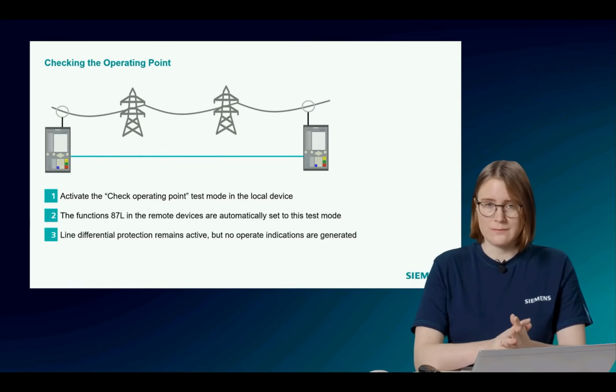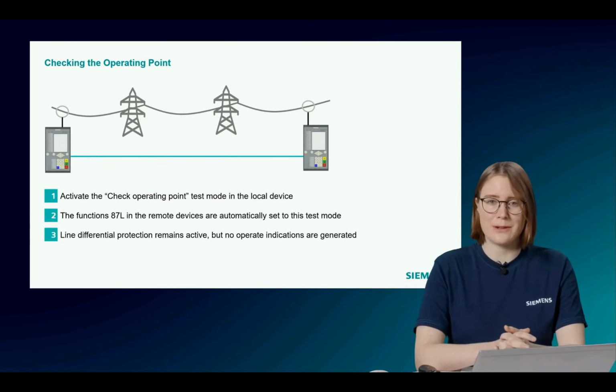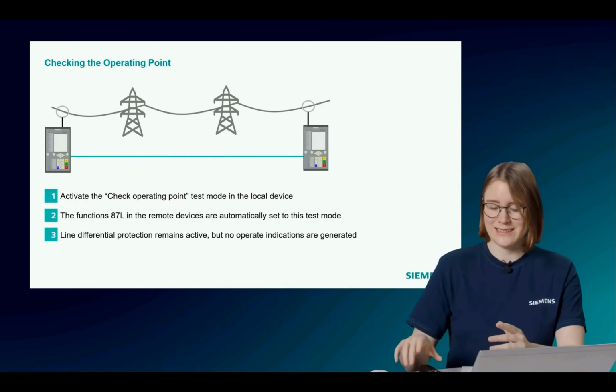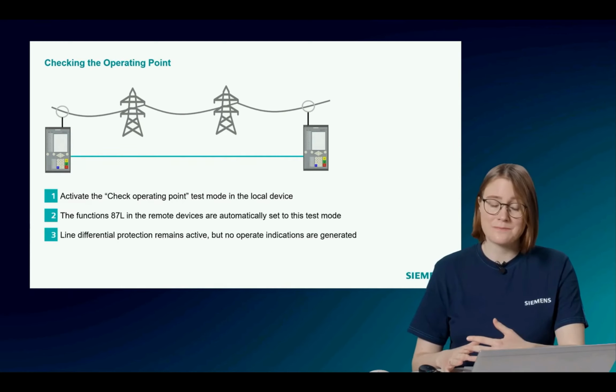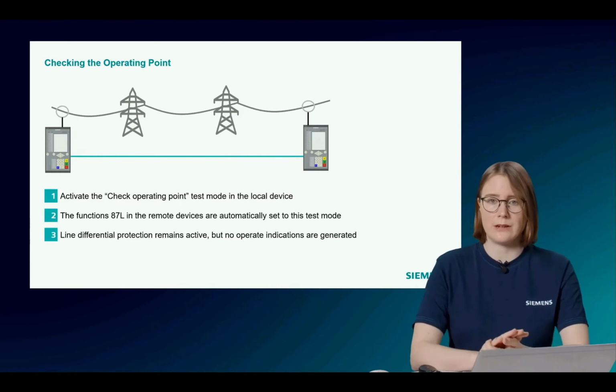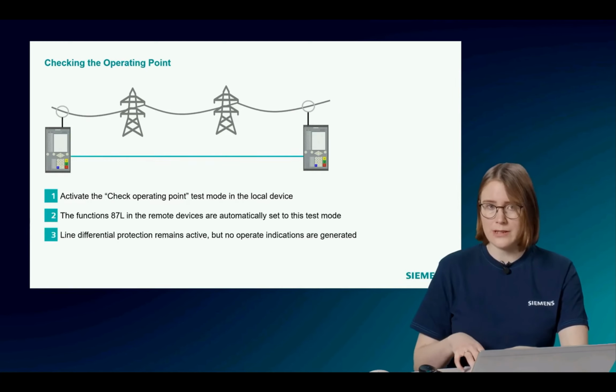And to get into this check operation point mode, you activate the check operation point mode via binary input, for example. And then this test mode in a remote device will automatically get active. So here you only have to switch it on in one device.